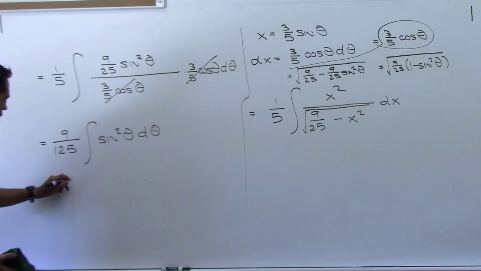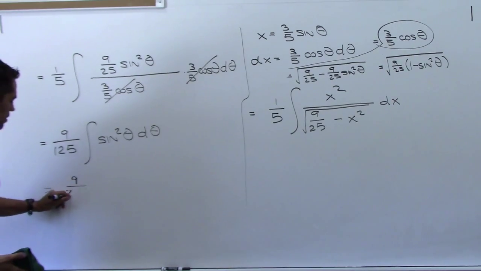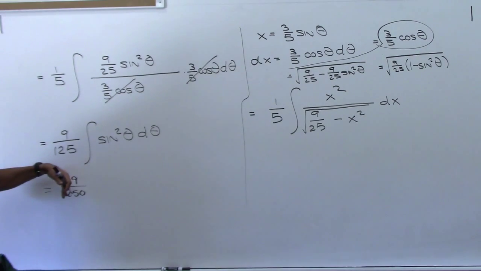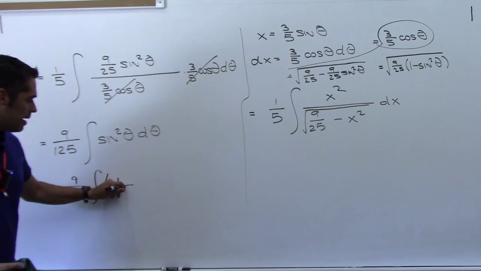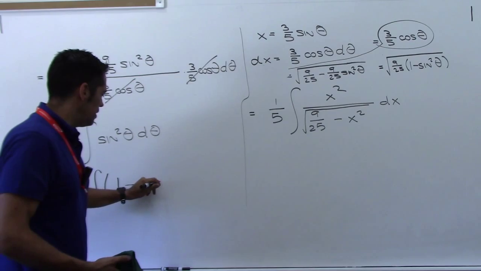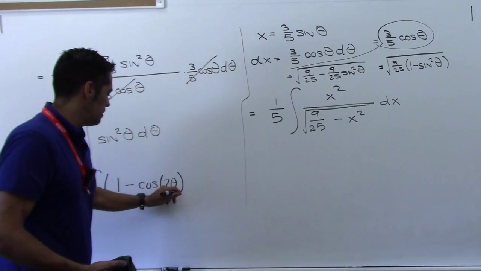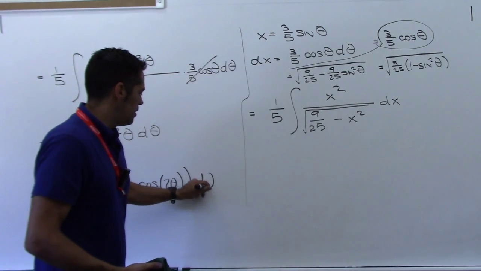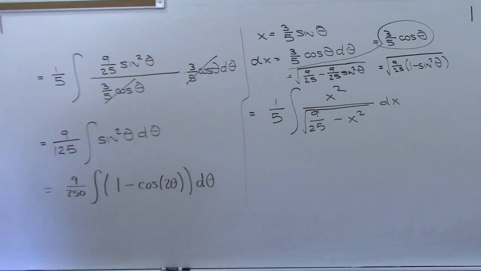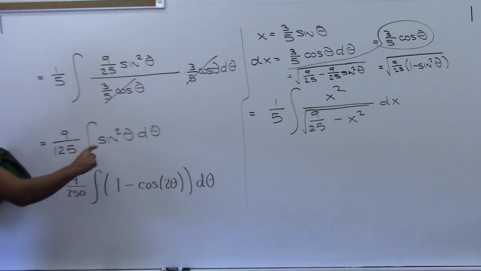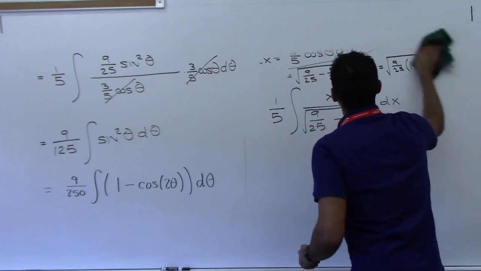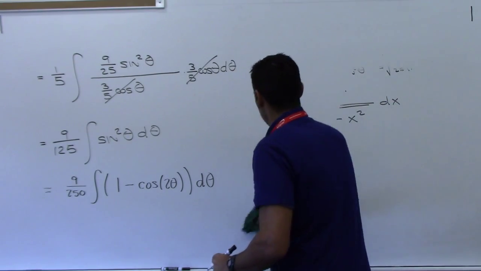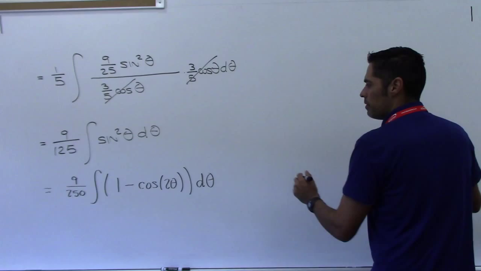So I'm going to rewrite here 9/250ths, because the 1/2 is going to come out of that formula, integral 1 minus cosine 2 theta d theta. So that 1/2 brought it out. Are we good? Yay, nay? Okay, so now antiderivative of each of those, right?